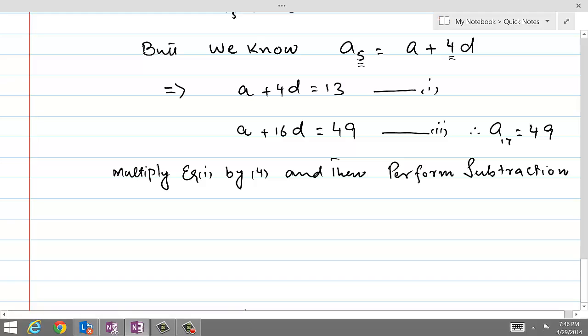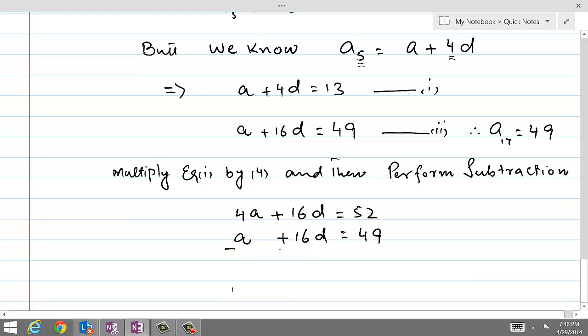If we multiply equation 1 by 4, this will give us 4A plus 16D is equal to 52. And equation 2 will be written as such: A plus 16D equal to 49.